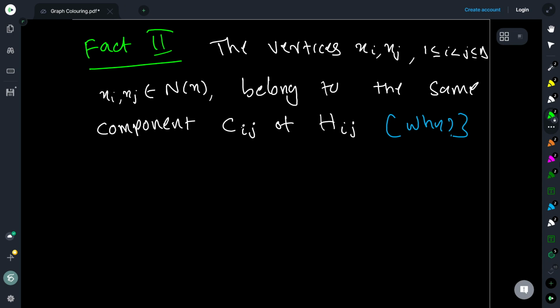This is true for any pair i and j, not just for one pair. For every pair, it is true that they belong to the same component Cij of Hij. So we know that there must be some component containing xi, xj, xi, xk, like x1, x2, all these pairs.